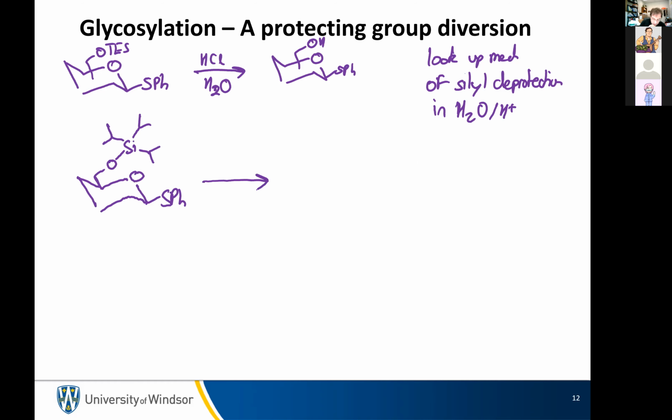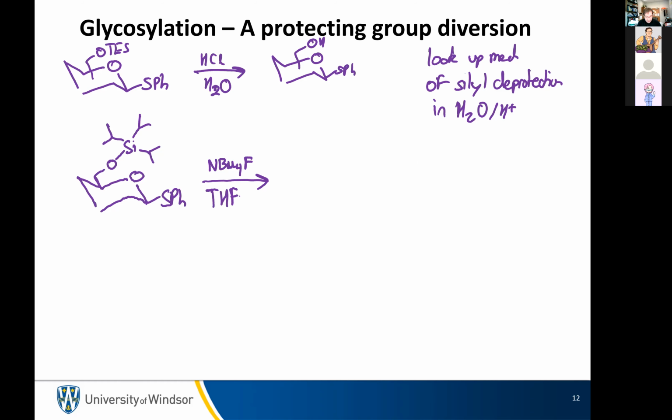So what we tend to use with this is tetrabutyl ammonium fluoride, which, as you can clearly see, is not an acid. It's got a positively charged nitrogen in solvent. Let's do it in THF, it doesn't really matter. It's got a positively charged nitrogen and a negatively charged fluorine, but it's not doing this by acid.